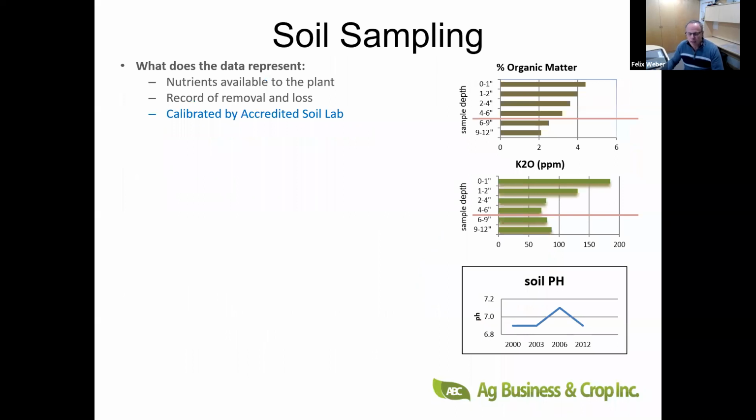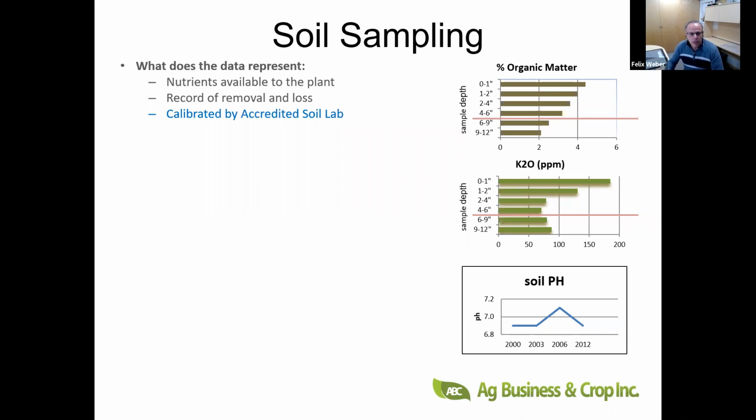Soil sample data. I think that's probably one of the data sets that I struggle with most, when the data is incorrect or not collected properly. What does the data represent? It represents, when you take it, specific soil nutrient levels and characteristics.